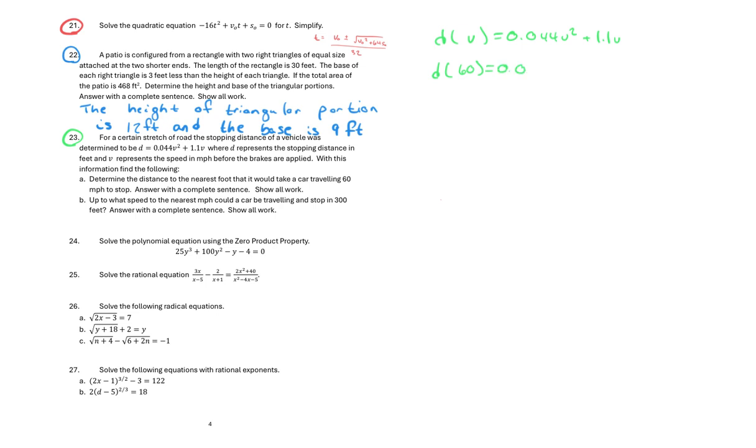So all we have to do is wherever there is a v, we can plug in 60 and type this into our calculator. So if I type this into my calculator, I should get that distance is about 225 feet. So if the car on this road is traveling 60 miles per hour, it would take 225 feet to come to a complete stop.